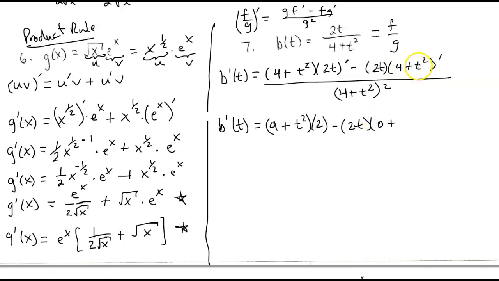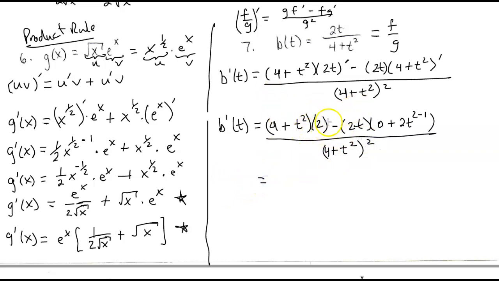And the derivative of t squared is just going to be exponent times t exponent minus 1, or just 2t. And then all that, and we just rewrite what we have in the denominator, not multiplying it out.